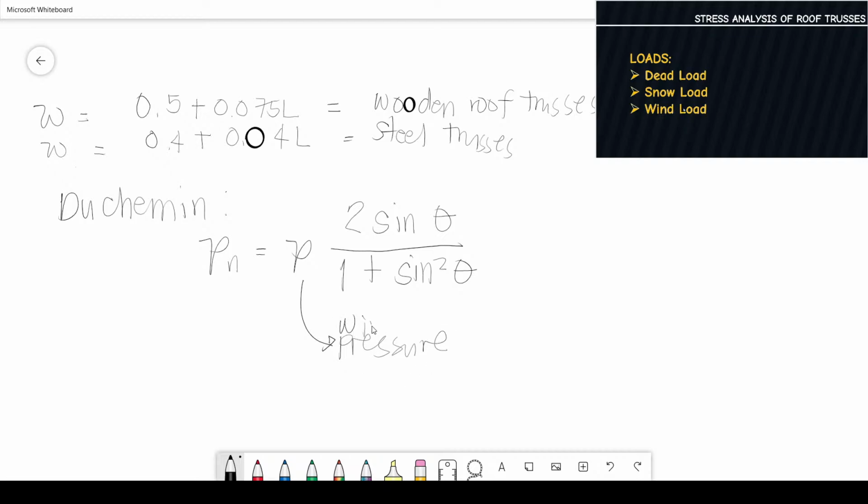Wind pressure in pounds per square foot of vertical forces. Yun, vertical surface ya. So, ato niya gin-solve ya into, kumbaga siya ni, di ba?